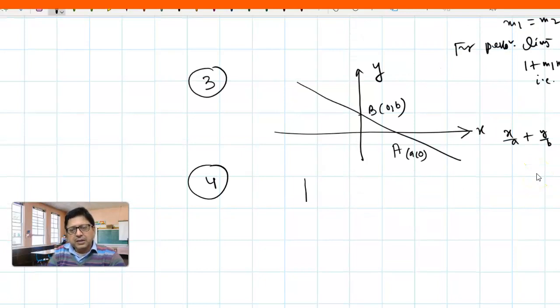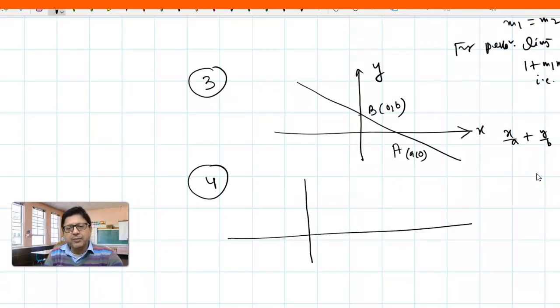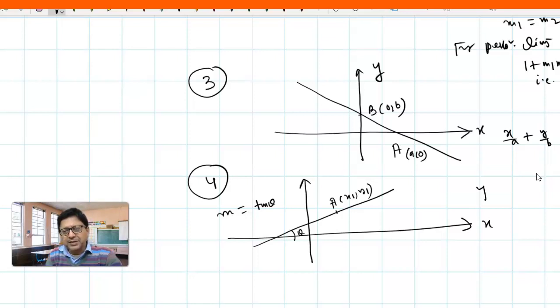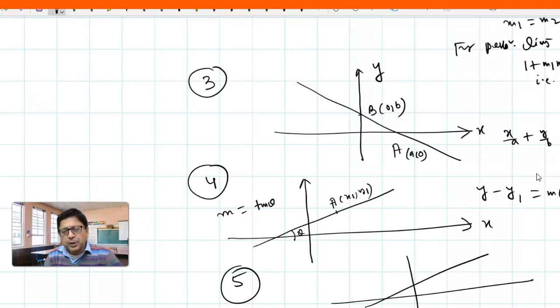Number 4, equation of line in one point form: if a line passes through a known point and the slope of the line is m equal to tan theta, then the equation of line in one point form, or point slope form, whatever you say, is y minus y1 equal to m into x minus x1, and the 2-point form, line passing through two given points.